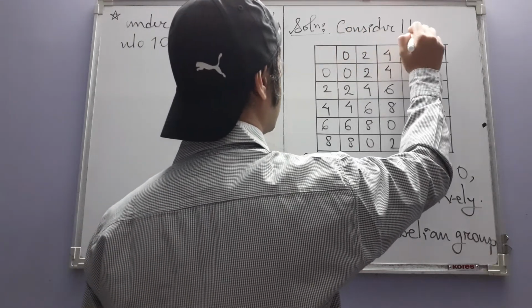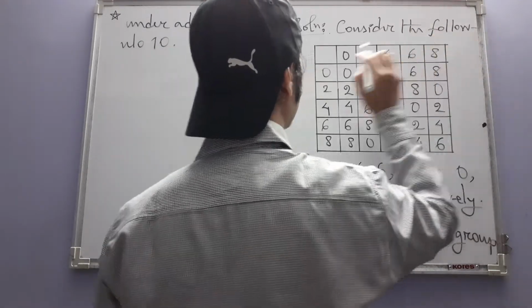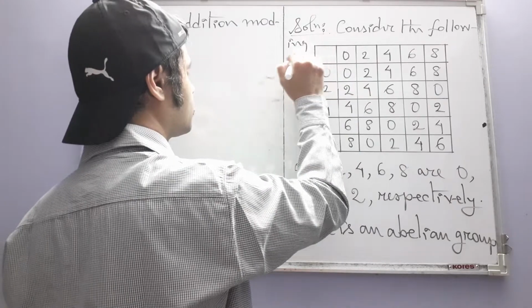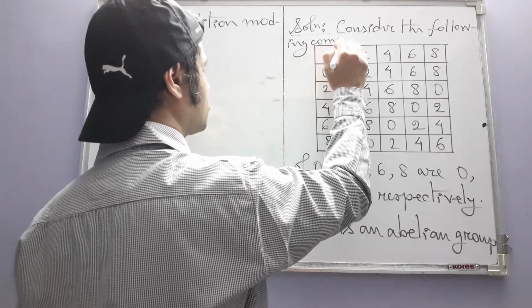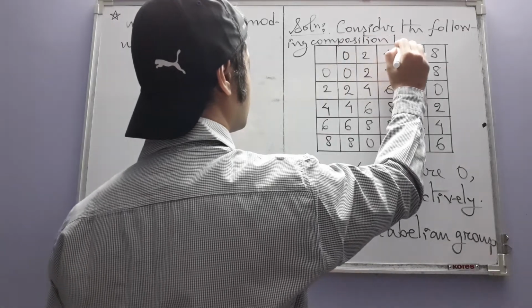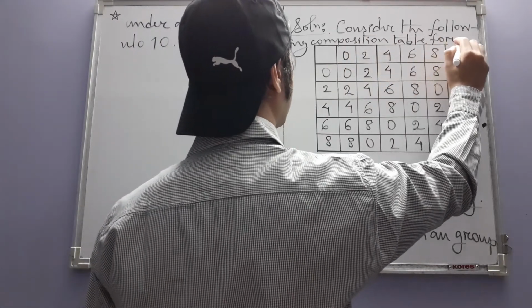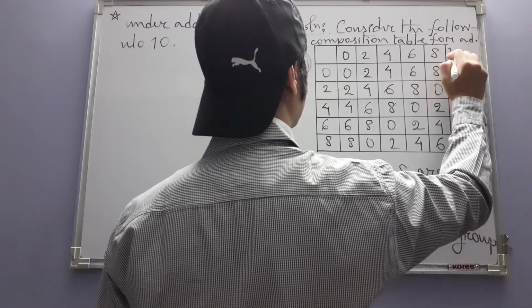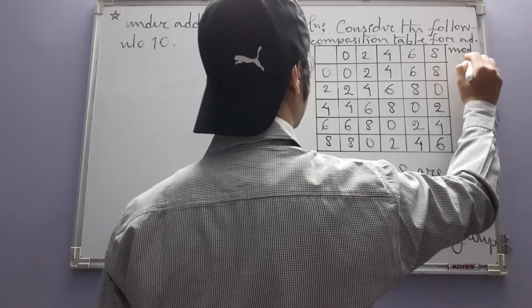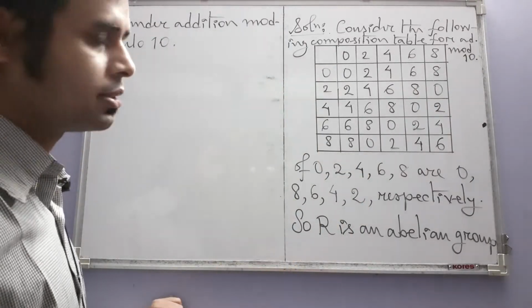Consider the following composition table for addition modulo 10. Because of lack of space I am unable to write it fully, but you understand.